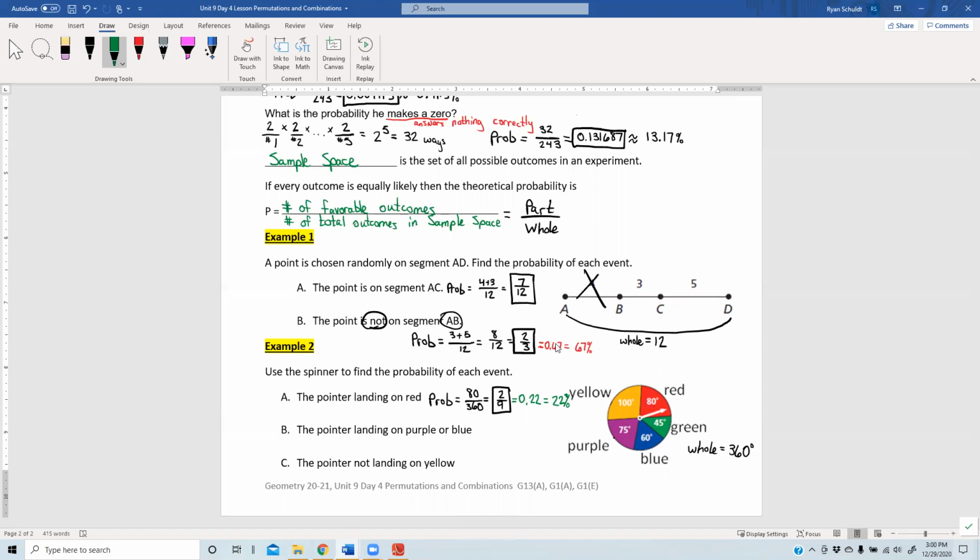The next one, find the probability that the pointer lands on purple or blue. Purple or blue. Well, let's see. Here's purple, it's 75. Here's blue, that's 60. So probability is equal to 75 plus 60 divided by 360.